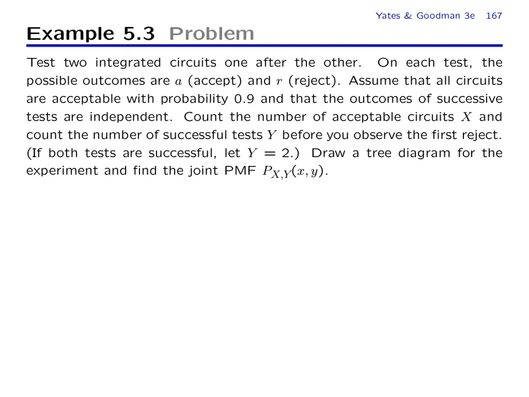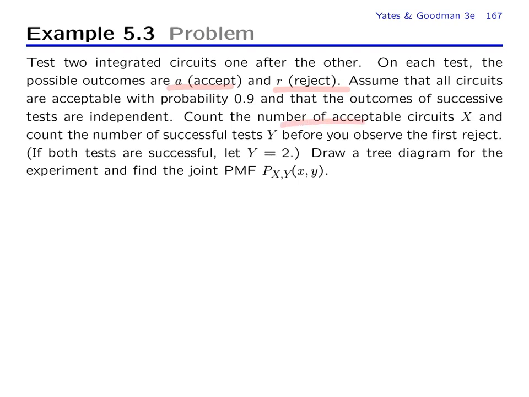So let's go back to an old problem where we test two integrated circuits. And the result of each test is that the circuit is either acceptable or it's a reject. Now we're going to do this again where we test two circuits, but we're going to generate two discrete random variables.